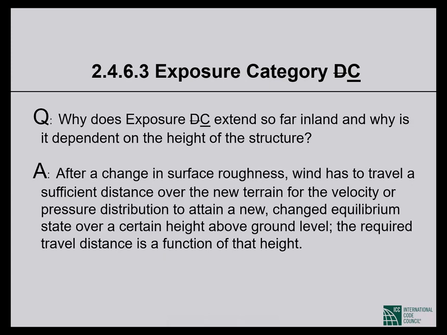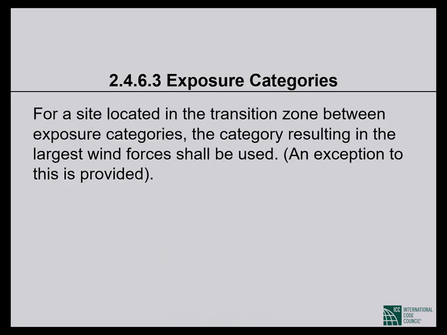So the answer is, after a change in surface roughness, wind has to travel sufficient distance over the new terrain for the velocity or pressure distribution to attain a new changed equilibrium state over a certain height above ground level. The required travel distance is a function of that height. Okay. You may have to read it more than once, but the explanation is pretty solid.